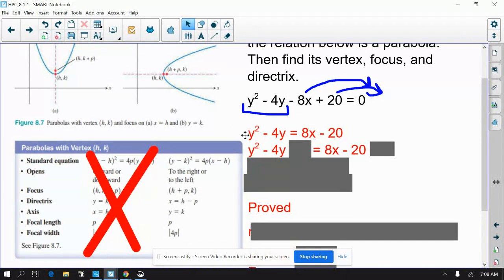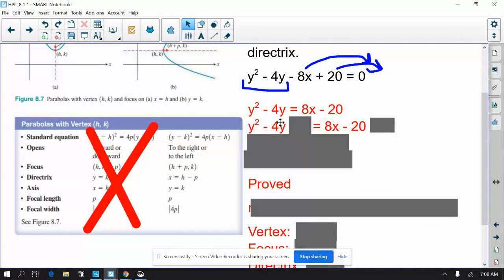Now, notice you've got 1 as the a value, b is -4, and do you remember how to complete the square? You take half of that b value and square it. So half of -4 is -2. If you square that, you get +4. Of course, do it to both sides to keep the balance. Now, this factors into y minus 2 squared. And -20 plus 4 is -16.